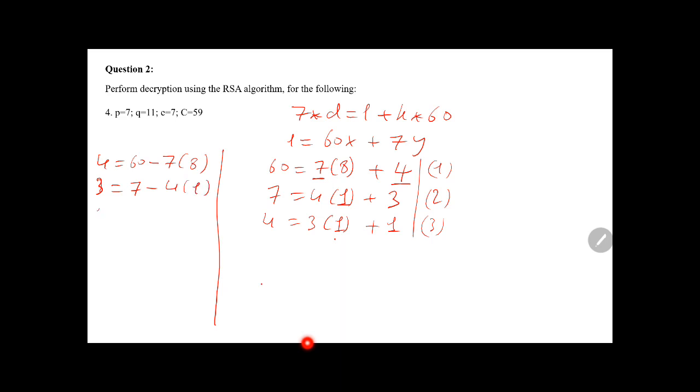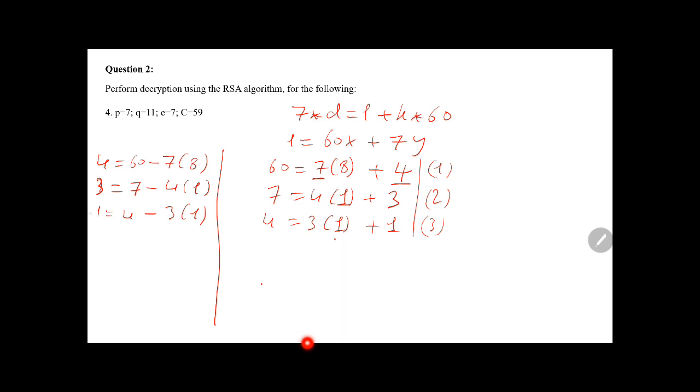And we have 1 equals 4 minus 3 multiplied by 1. So we have reordered the equations. We start by substituting the second one into the third one, then the first one into the combination of the second and the third one.